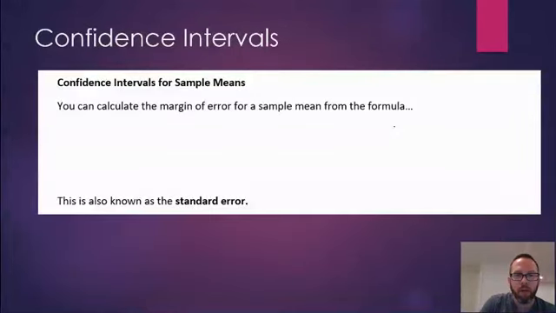Before we get into an example, let's talk about confidence intervals for sample means. So here's the idea. Let's say you do your study on getting the words per minute, typing speed. You take a bunch of samples, you find their averages, and you get a value.